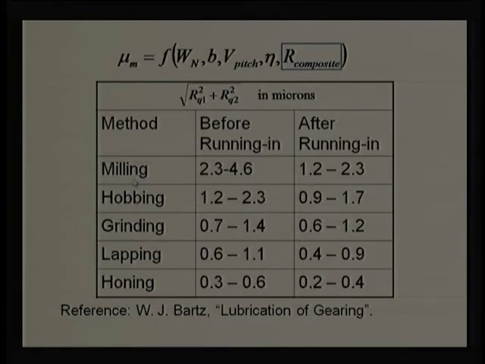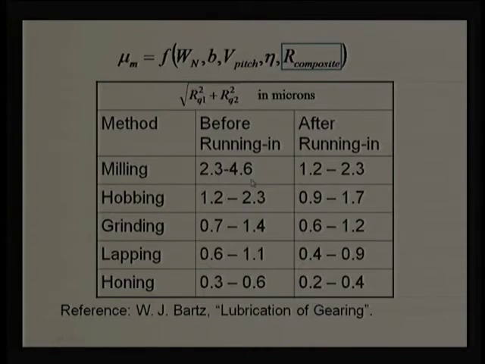Milling and hobbing are generally gear manufacturing processes, while grinding, lapping, honing are super finishing operations to remove the asperities from the surface. What we observe here is a surface roughness of 2.3 to 4.6 micron. So, it is very high surface roughness and cannot be used as it is. That means after milling we require some sort of super finish operation.